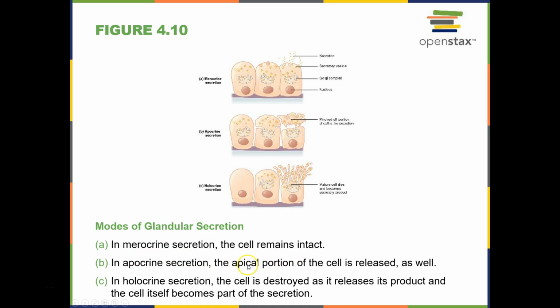In merocrine and in apocrine, the cells remain intact. The apical portion of the cell remains intact, or the basal portion of the cell remains intact, whereas in holocrine the cell is destroyed and new cells are going to be produced. Okay.